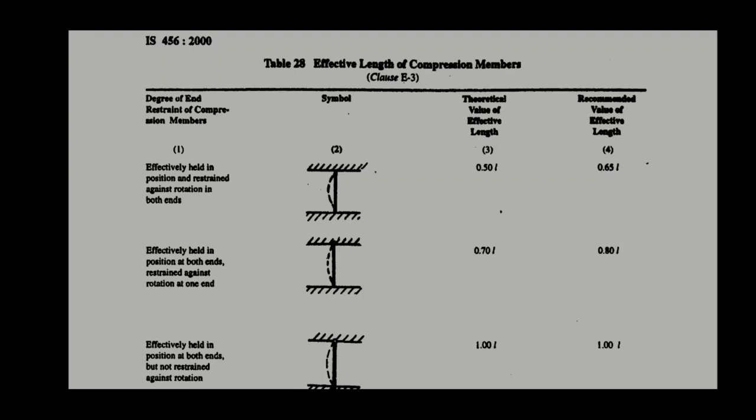So we have to take the extreme right column recommended values for effective length, that is 0.65 L. That means 0.65 is the coefficient which we have to multiply with the length.